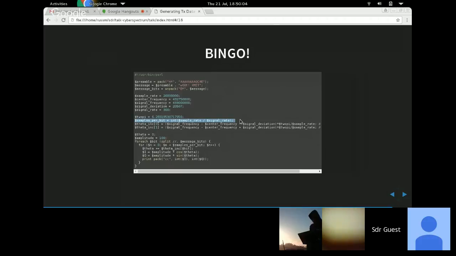Samples per bit. Samples per bit, as I said, is just the sample rate divided by the signal rate, so we know how many samples to generate for every symbol we transmit.